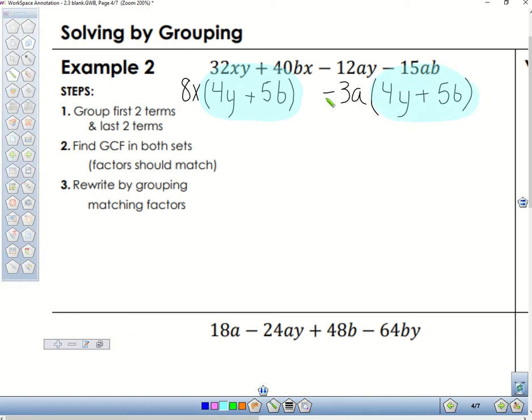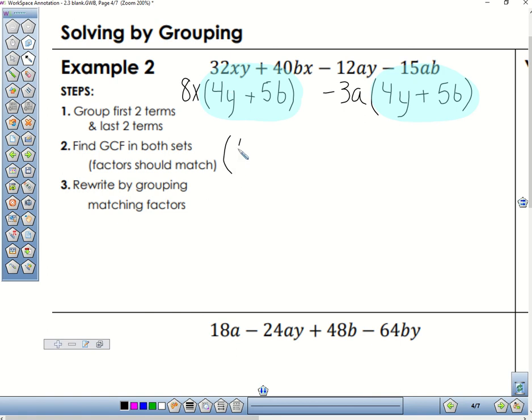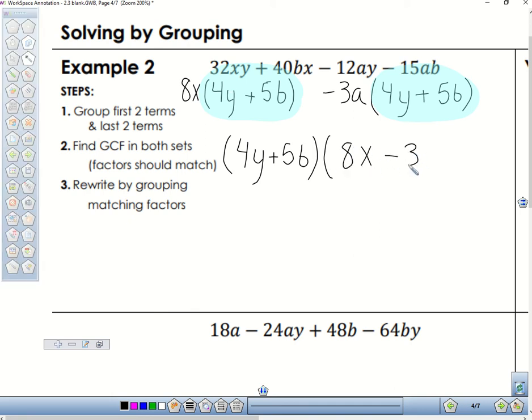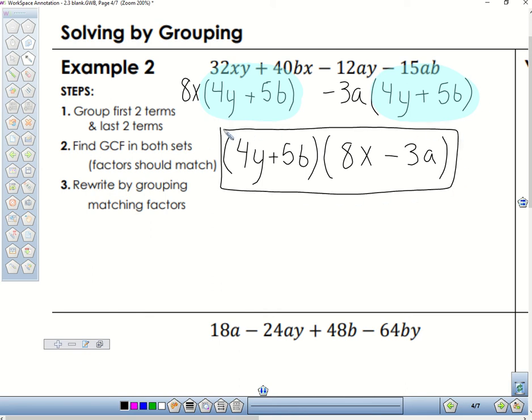So I can actually factor this term out. So this becomes 4y plus 5b times 8x minus 3a. And that would be factored form. It's kind of weird, I know.